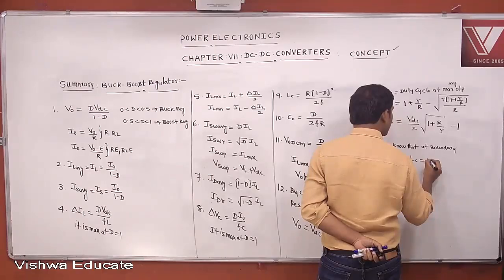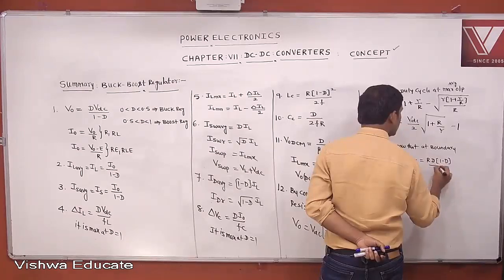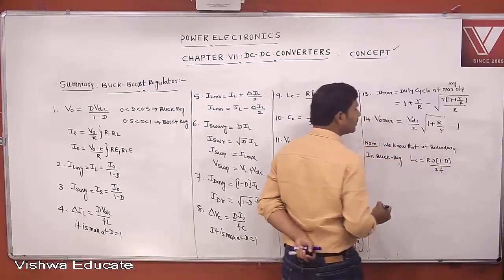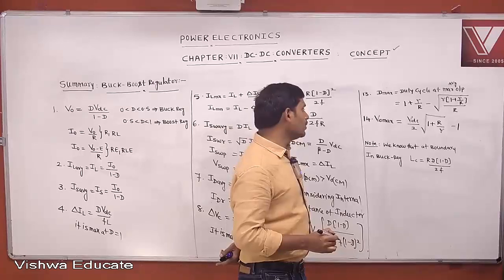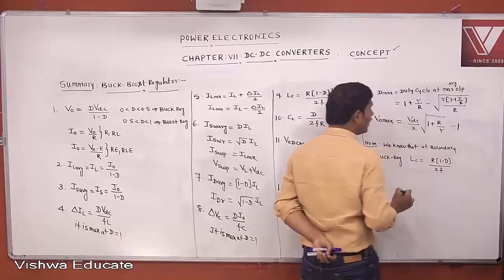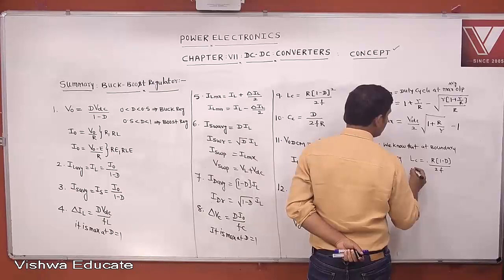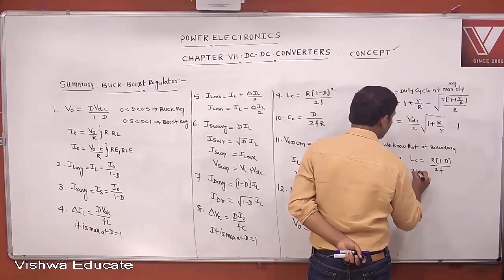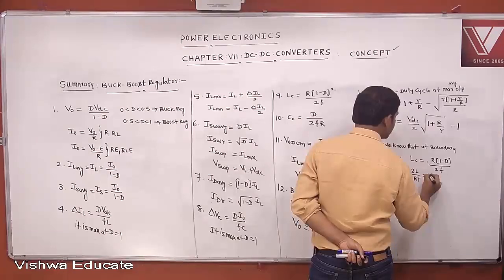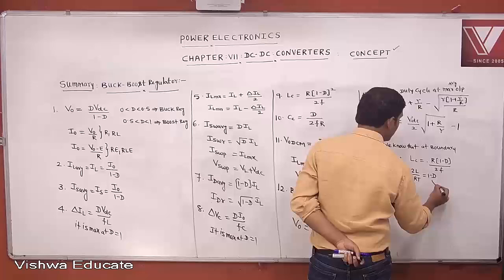In the case of buck regulator, the critical inductance we calculated is R into (1 minus D) by 2F. This is the critical inductance. Then from this you take 2L by RT equal to 1 minus D. We assume that this is K and this is KCR.